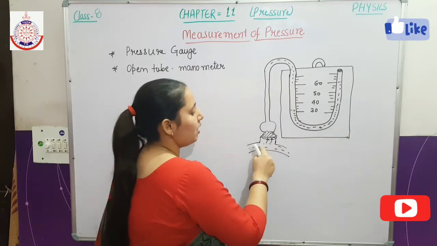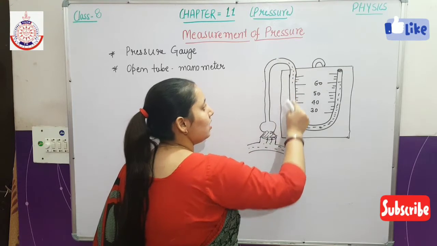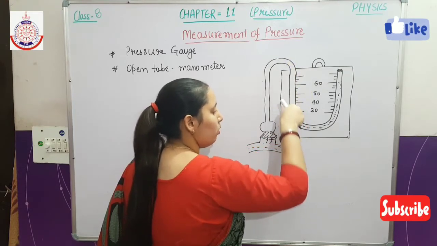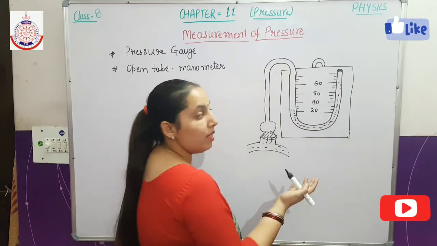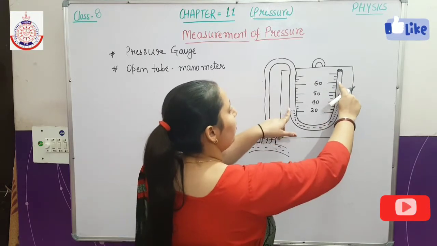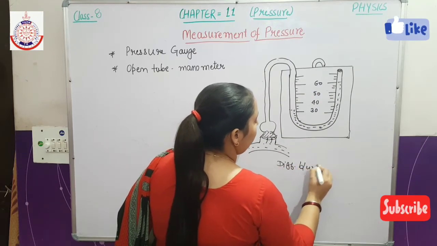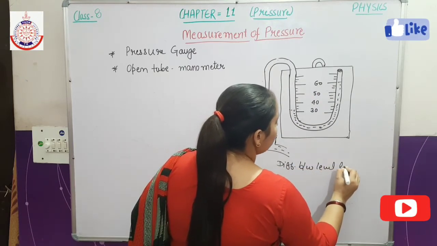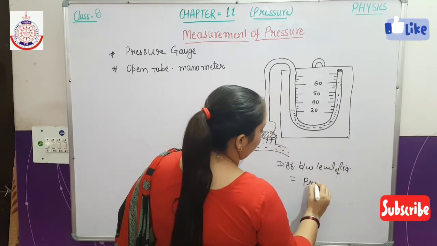Whenever some air enters here, you can easily see that this level of liquid will go down and this level of liquid will go up. Now what will be the pressure? The difference between the liquid levels will give the pressure.